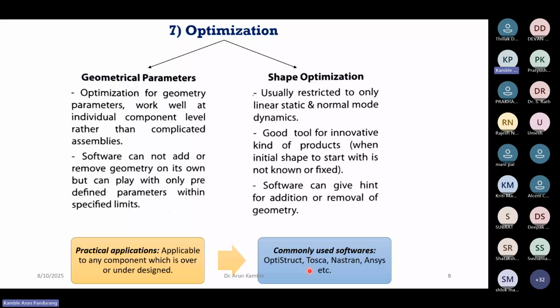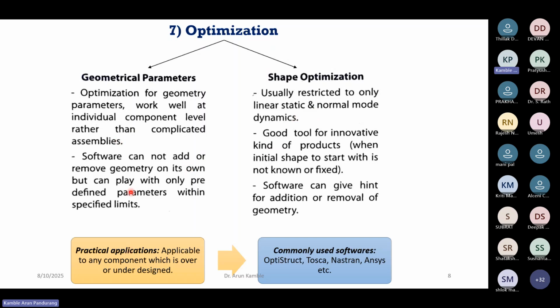The next one is the optimization. Generally there are two types of optimization: geometrical optimization, which is for the geometry parameters, and the second one is shape optimization. Here the geometrical optimization for the geometry parameters works well at the individual component level rather than complicated assemblies. But shape optimization is usually restricted to only linear, static, and normal modes dynamics.